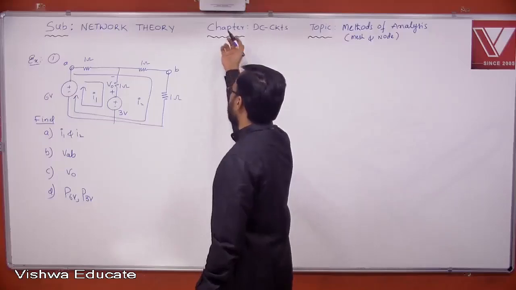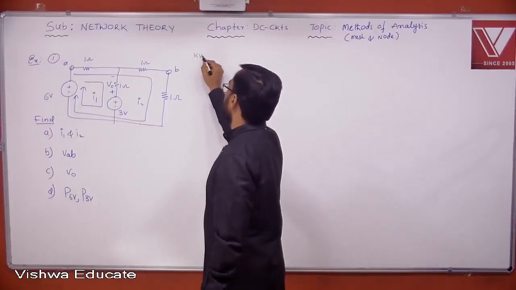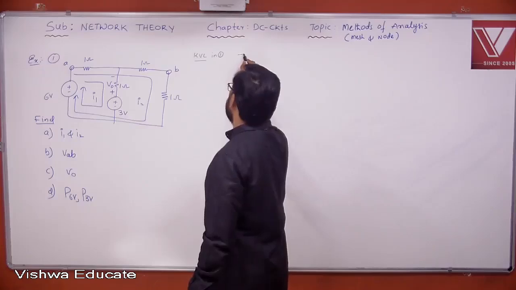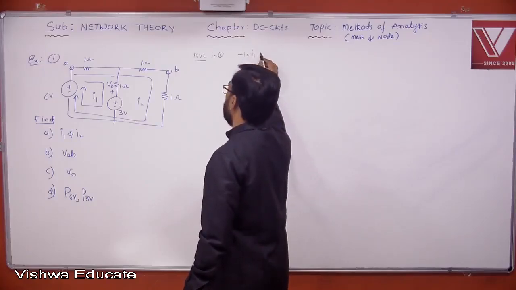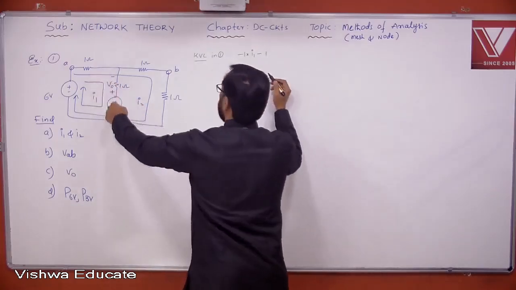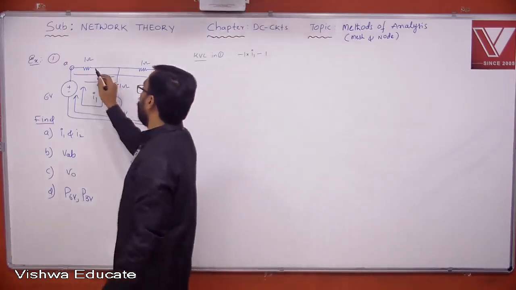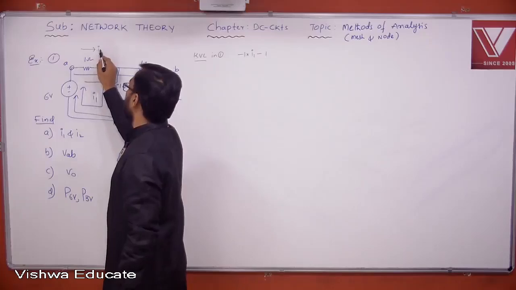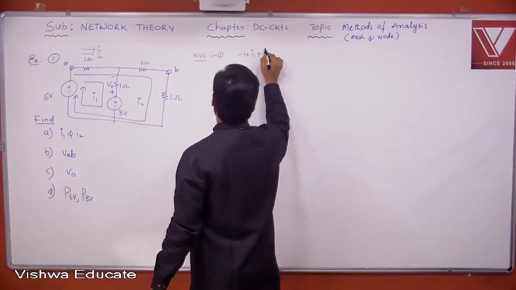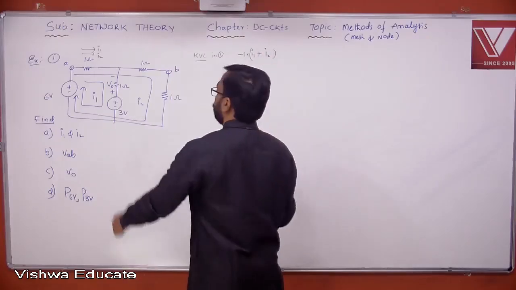Okay, KVL in loop 1. What is that? Minus 1 into I1, minus 1 into this one. First this one, right? I1 or I1 plus I2. What is the current flowing here? I1 is flowing. I2 is also flowing. Yes or no? Both are flowing in the same direction. So therefore, I1 plus I2 you are supposed to write.